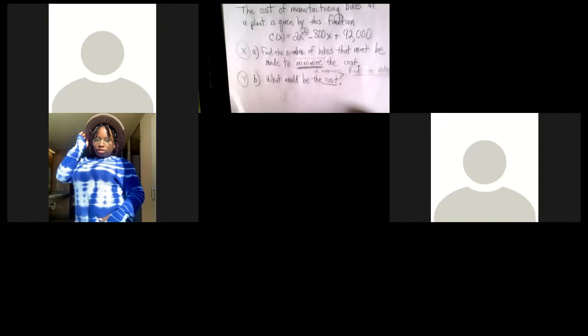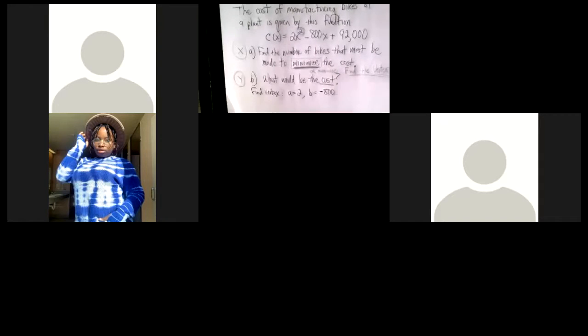So let's find the vertex. In this function, a is 2, and b is negative 800.